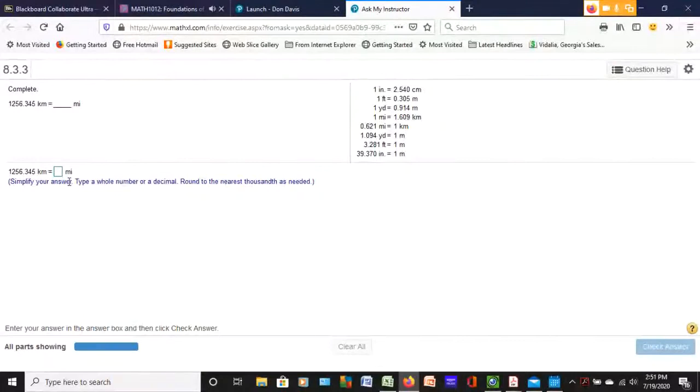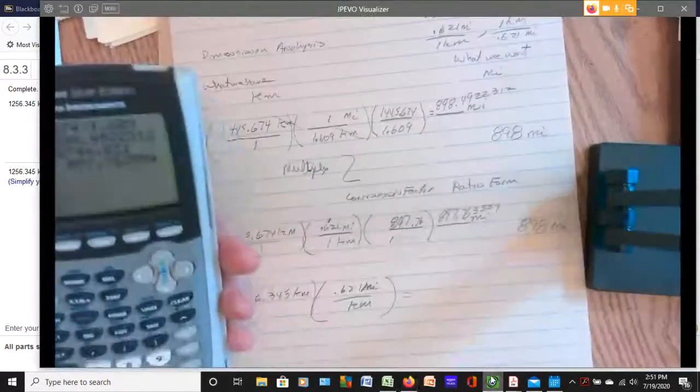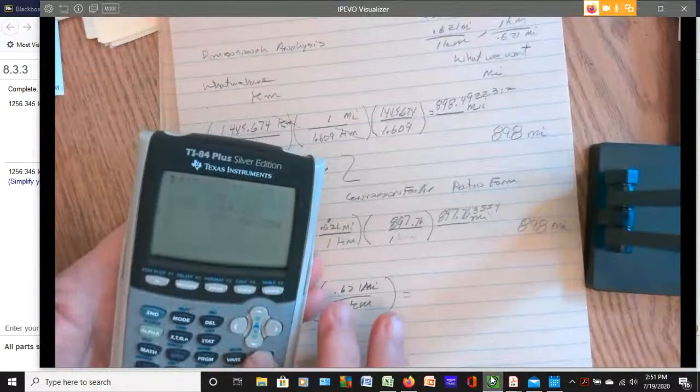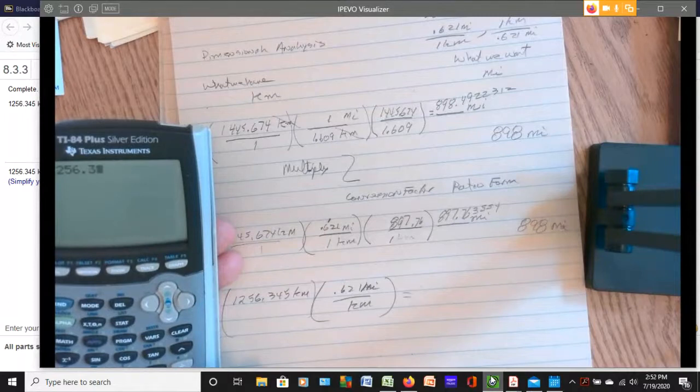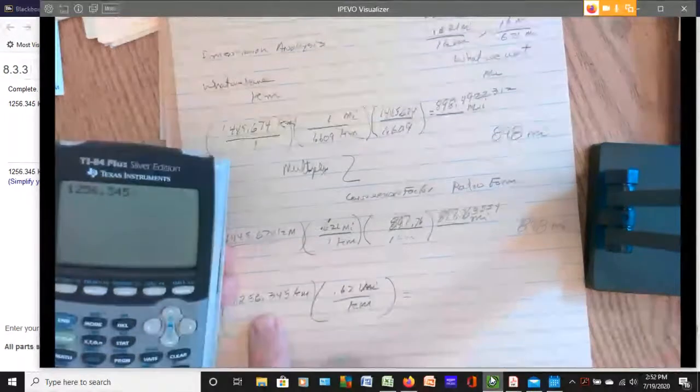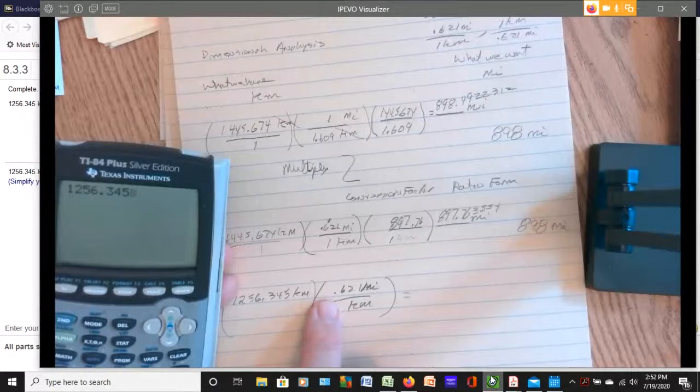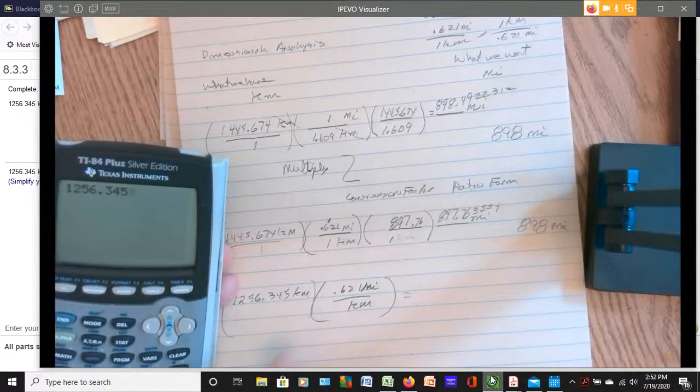When I do the arithmetic on this problem, let's look at the pad real quick and see what we get. We started with 1,256.345 times this version of the conversion factor, 0.621.